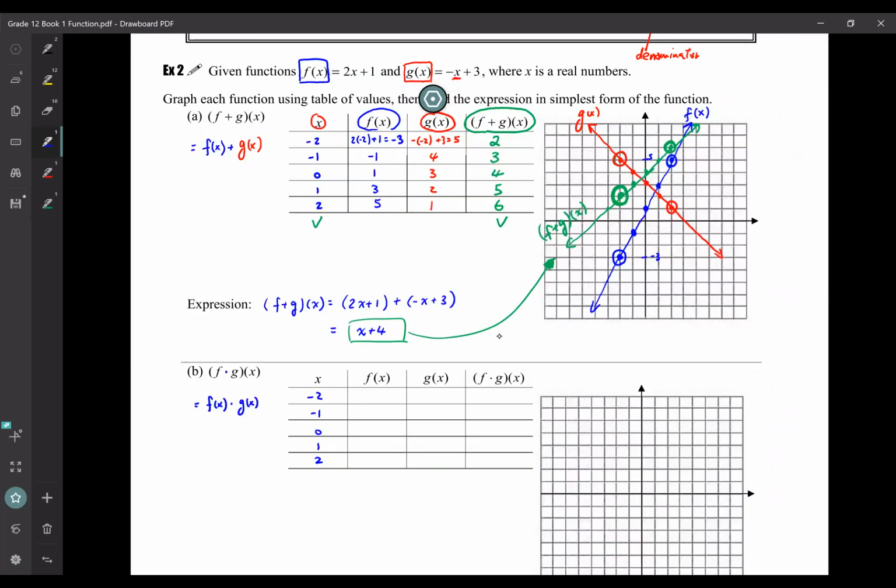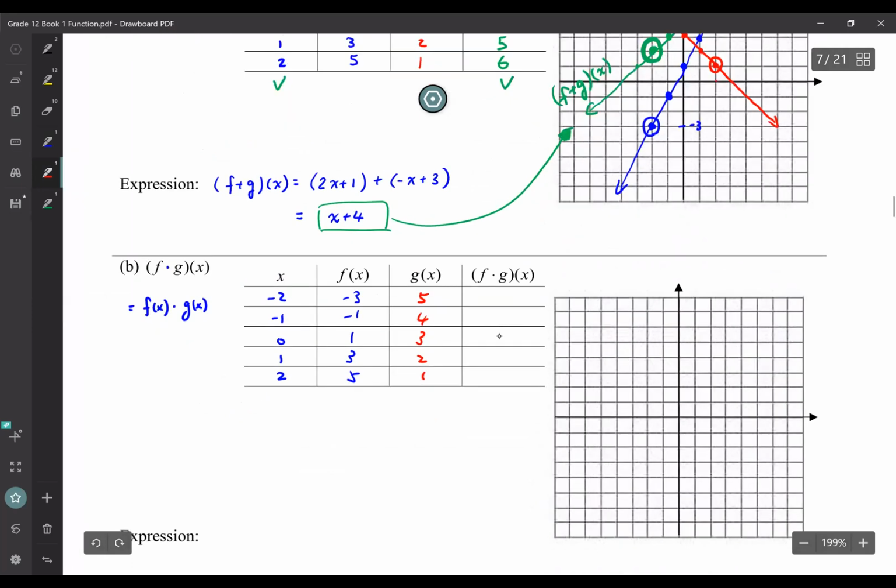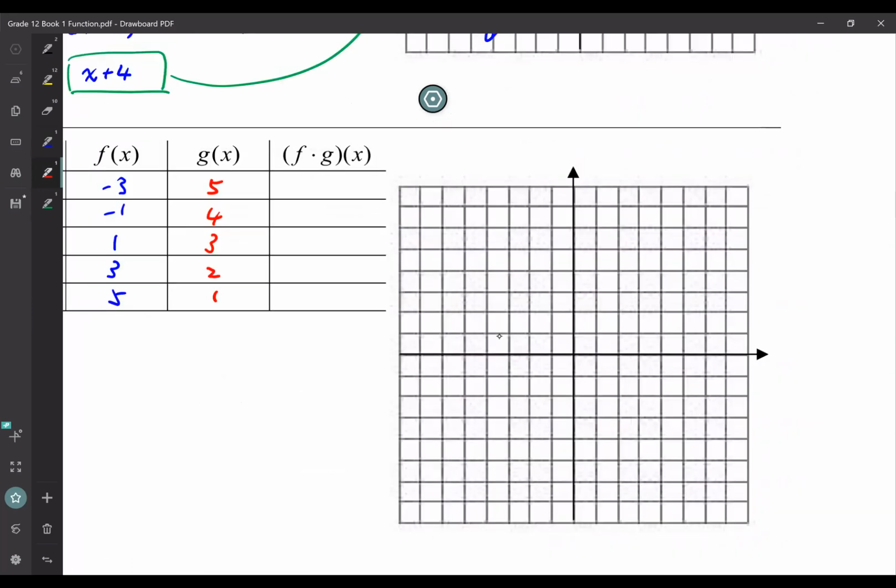Because f and g are the same ones, we can just copy them down from the top. And we'll start with the graph first. We also need to copy the graph down as well. It will take a while.